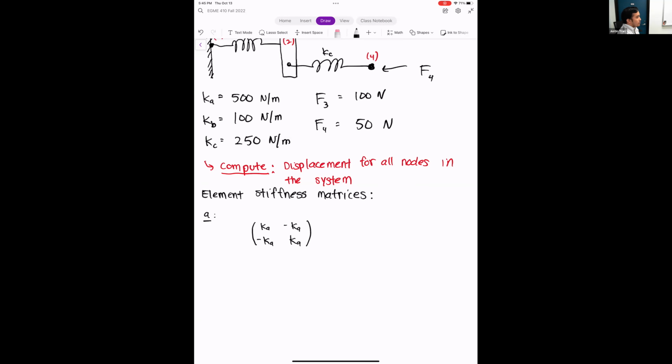But remember, the other thing that you have to do when you form the element stiffness matrices is indicate which nodes the element is acting on. So I'm going to call this D1 and D2, because they're acting on nodes 1 and 2. And this is, of course, going to equal F1, F2.